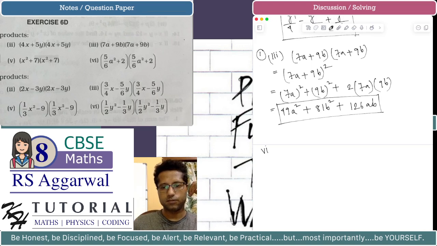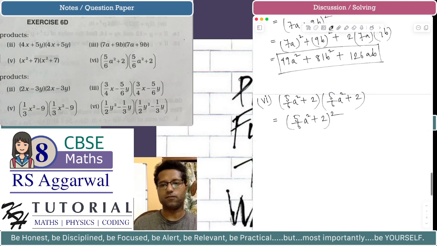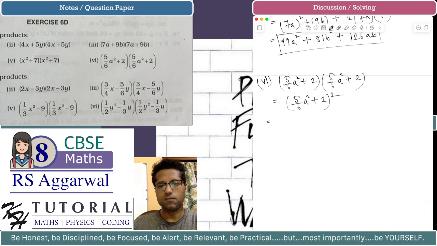Problem 1, part 6. It is 5 by 6 a square plus 2 multiplied by 5 by 6 a square plus 2. This is equal to 5 by 6 a square plus 2 whole square. Now applying the formula of a plus b whole square, this is equal to a square plus b square plus 2 into a into b.